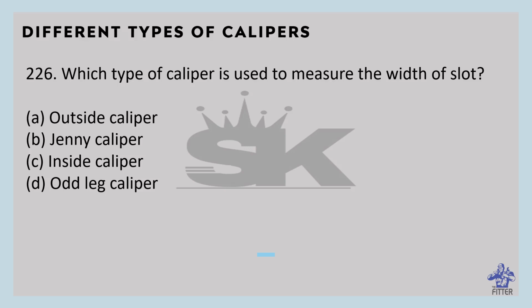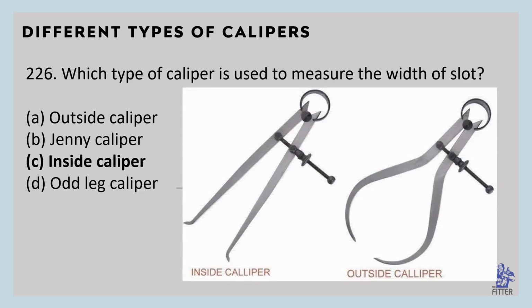Which type of caliper is used to measure the width of slot? We have discussed it before. That is inside caliper. So these are the inside calipers, and the second picture is the outside caliper.